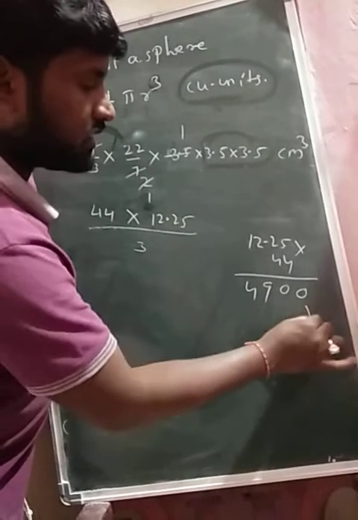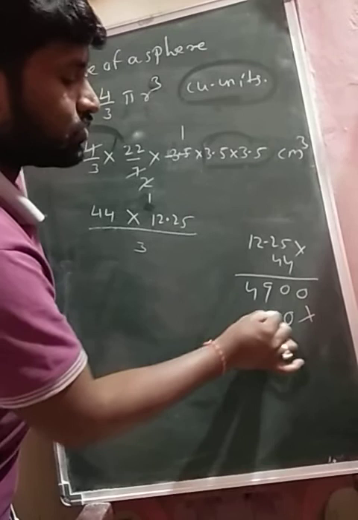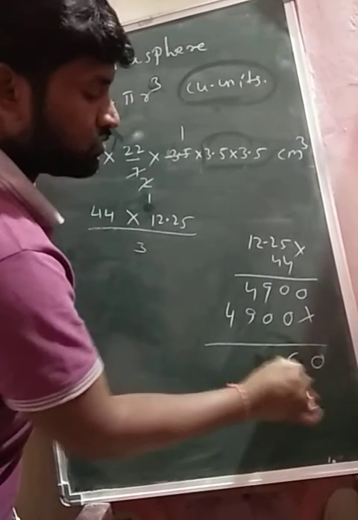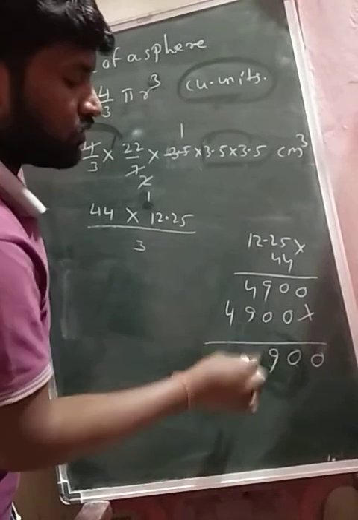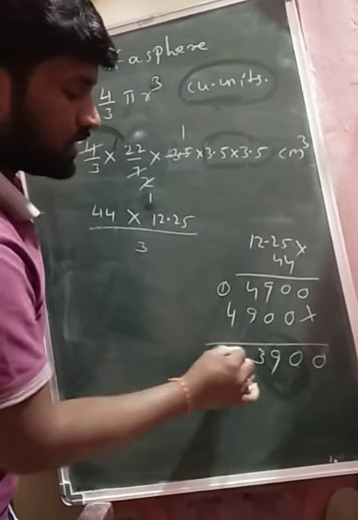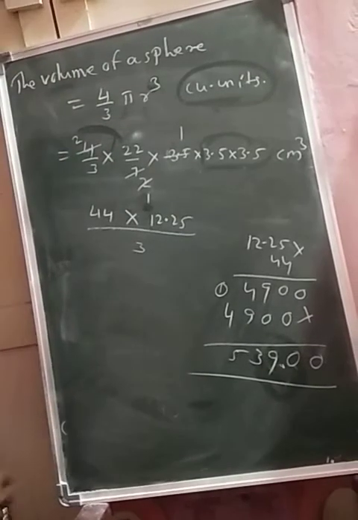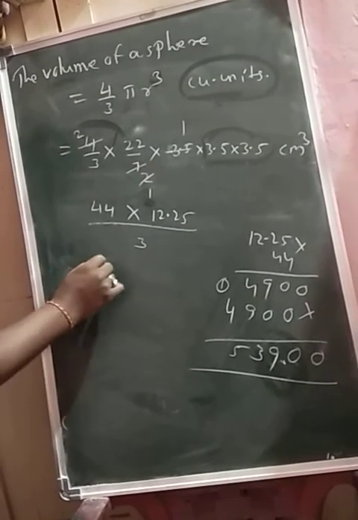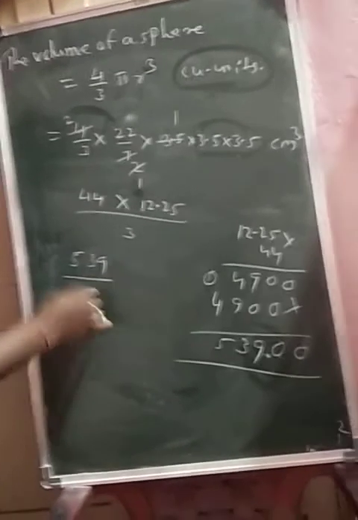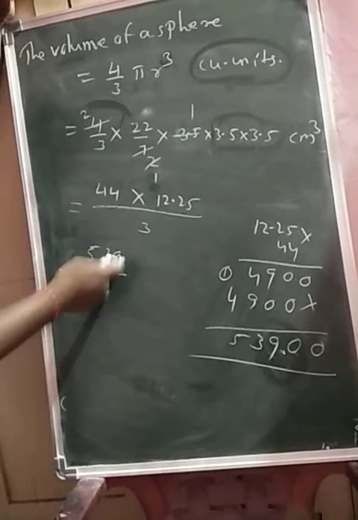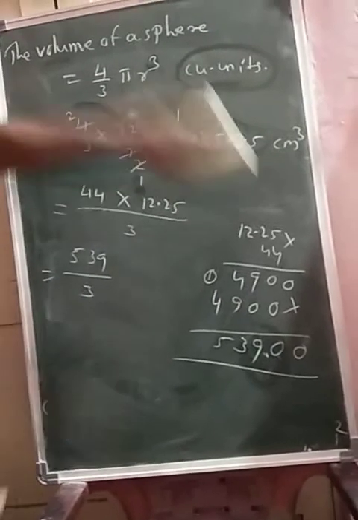Again we get the same thing, that is 0 0 9 4. So that is 0 0 9, 4 plus 9, 13. So we get 539. Okay, so 539 by 3. The volume of a sphere is equal to what? 539 by 3. Now cancel it.